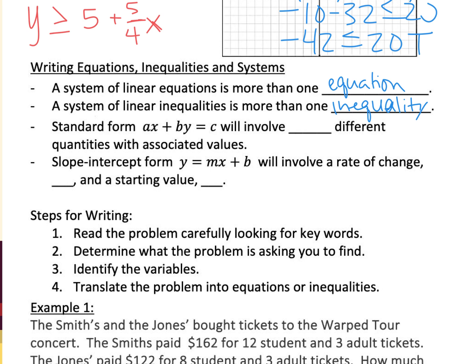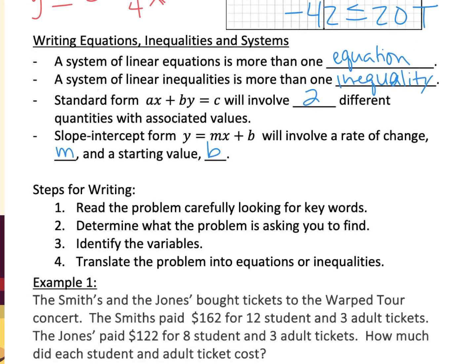Standard form, ax plus by equals c, will involve 2 different quantities with associated values. So we're going to have 2 things that we are trying to find the value of. And slope-intercept form, y equals mx plus b, will involve a rate of change, which is our m, and a starting value, which is our b.